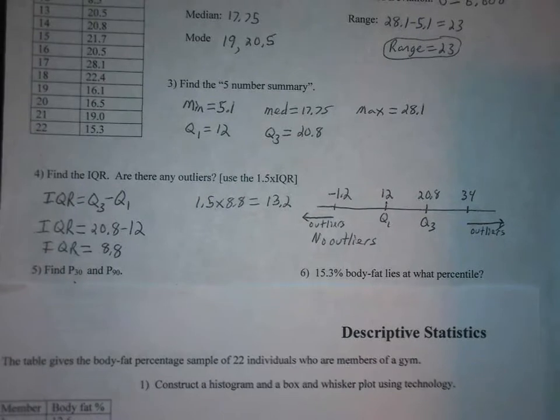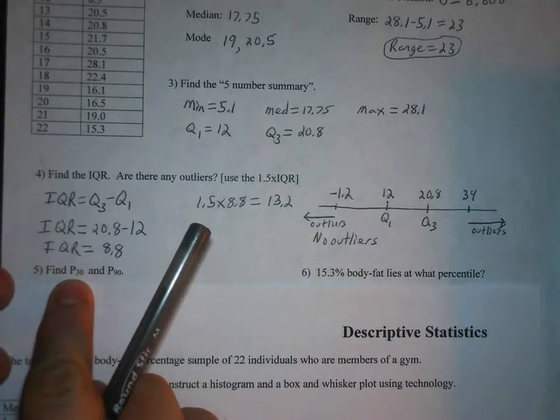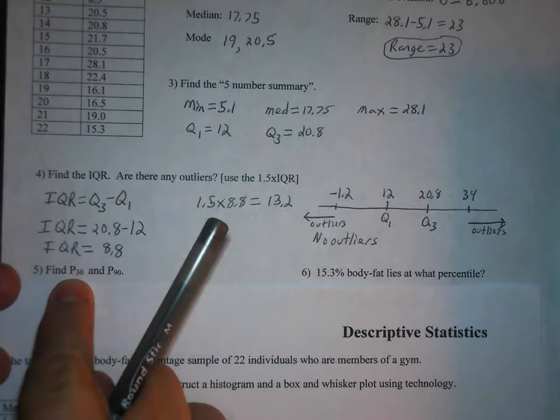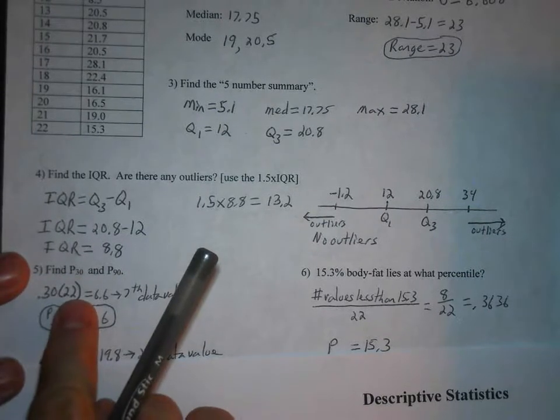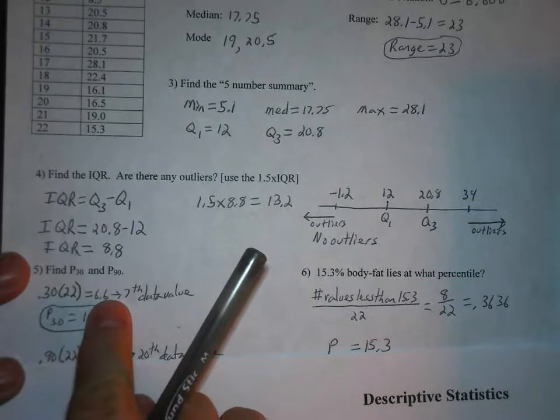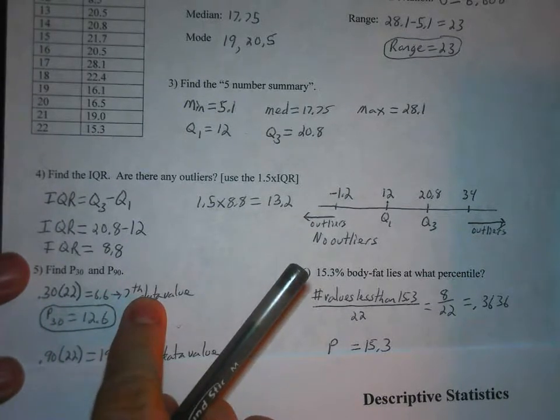Okay, and then to find the percentiles P30 and P90: for P30, you're asking yourself what data value has 30% of the data values below it. So you count 30% into the 22 data values, and you get 6.6. Now this is where you round up to the 7th data value.